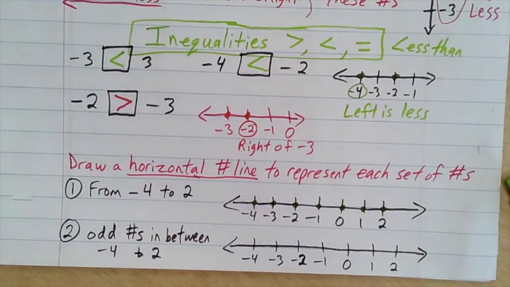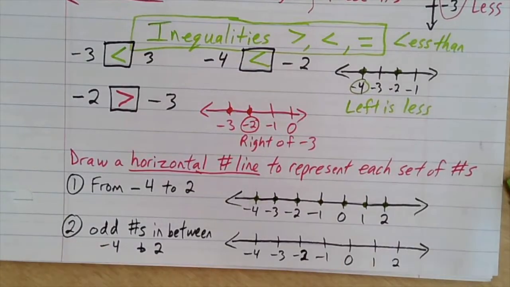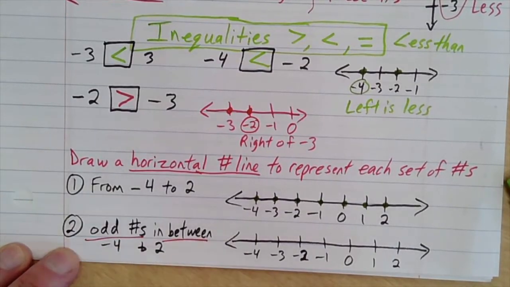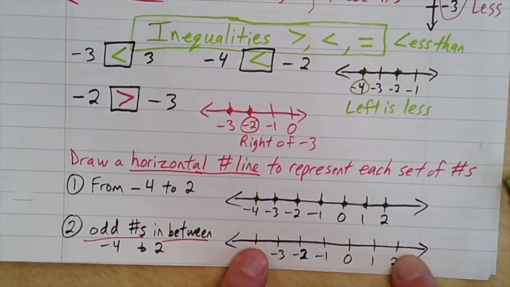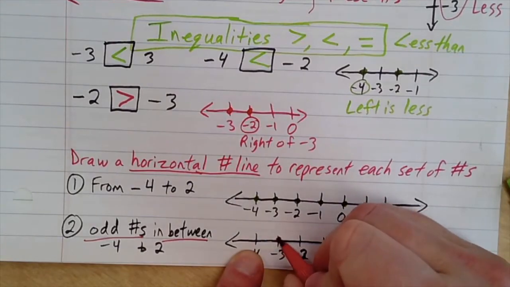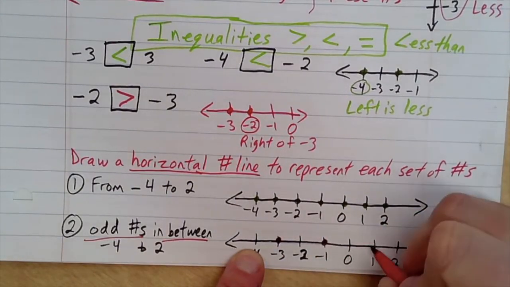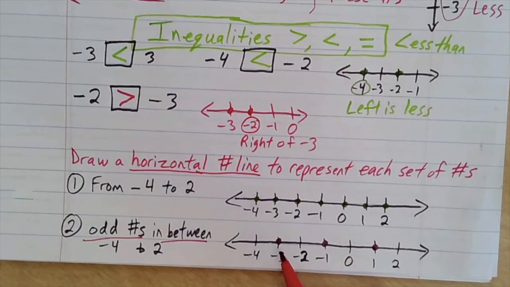But if you're only putting dots on the odd numbers, then you need to make sure they're odd numbers and they're in between. So they can't be on either one of them, which they wouldn't anyways because these are even numbers. So the odd numbers that are in between them would be -3, -1, and +1. So they're odds and they're in between. You still have to include the other numbers on your number line. You have to have your scale going. You can't just skip randomly on your scale.